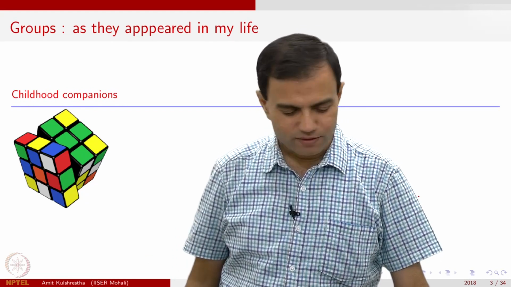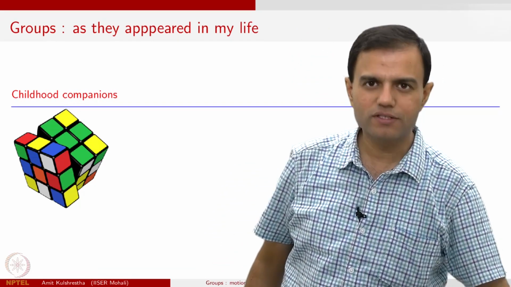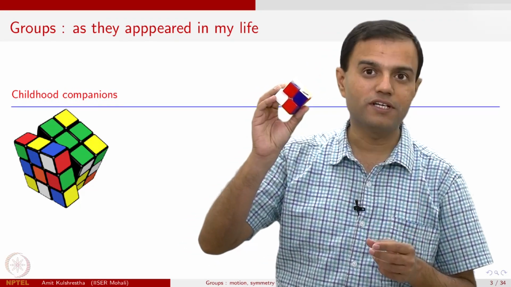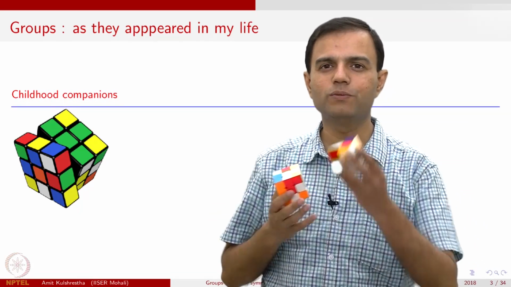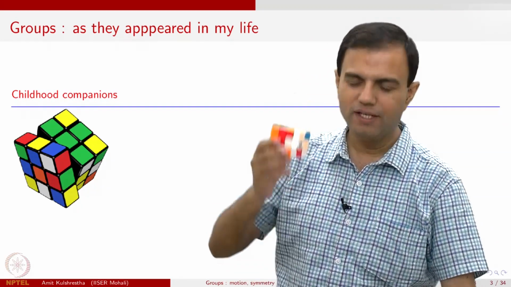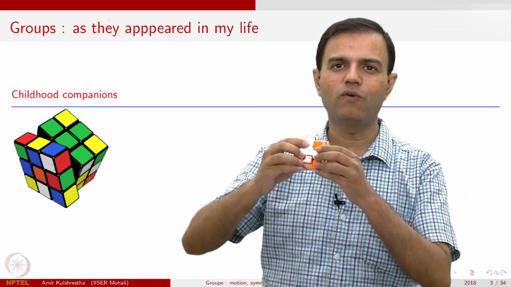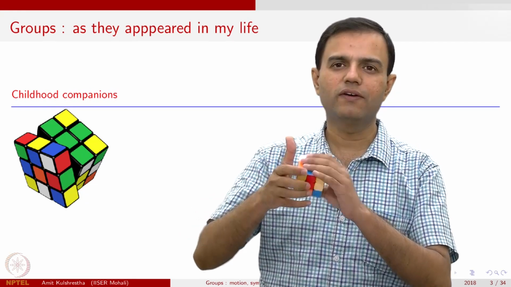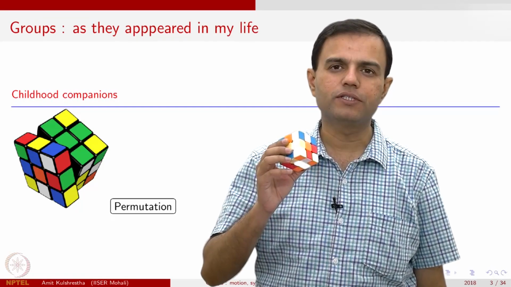Again, after this, I came across this, which you must have seen, you must have played, you must have seen videos of these things. This is the 2 by 2 Rubik's Cube. This is the 3 by 3 Rubik's Cube. Again, what is happening here is permutation, right? But again, this is restricted permutation.